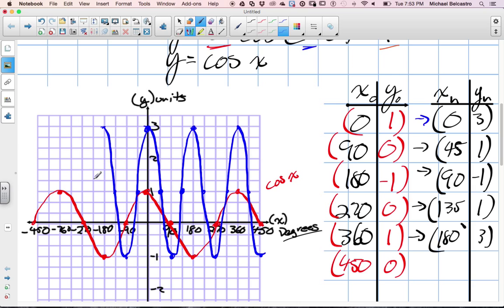Now I'm just showing off. Let's see if I can get into that. And I think I got that right. There you go. Okay, so it has that idea of being stretched vertically, compressed horizontally, and shifted up 1 unit.